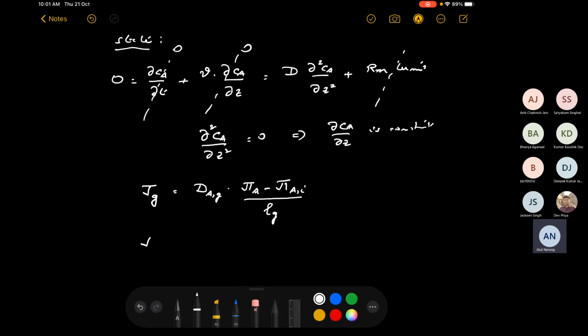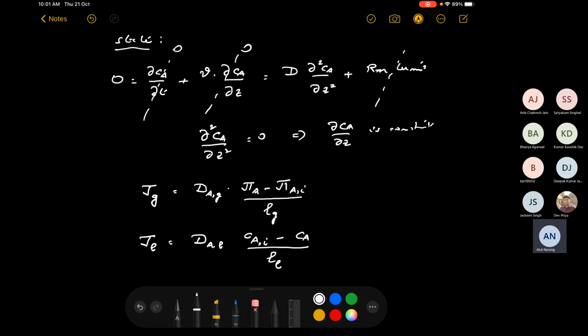And similarly, JL is equal to D_A,L, where D_A,L represents the diffusivity of A in the liquid phase, multiplied by the concentration gradient, which would be CAi minus CA divided by LL.